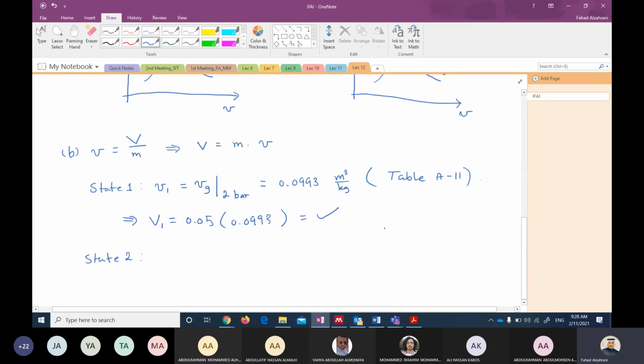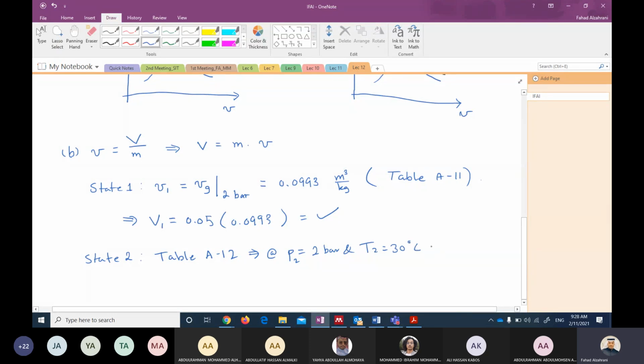What about state 2? State 2, what did we say? What is the state? Superheat. So which table do I go to? A11 or A12? So we go to table A12 at P equals 2 bar and T2 equals 30 degrees Celsius.